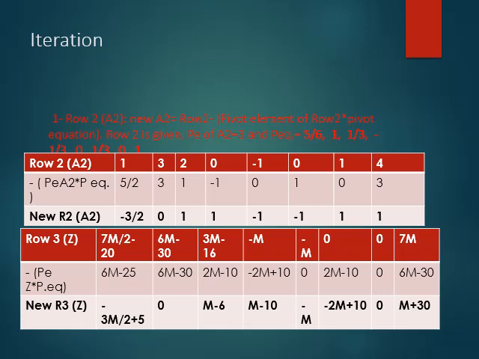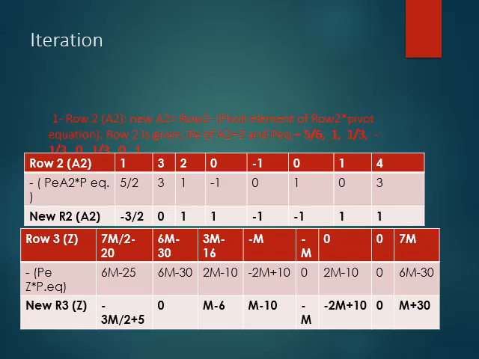Now, how to find the new R2 or the new A2? We need to formulate three rows. The first, upper row is the original A2, the coefficients of row 2.